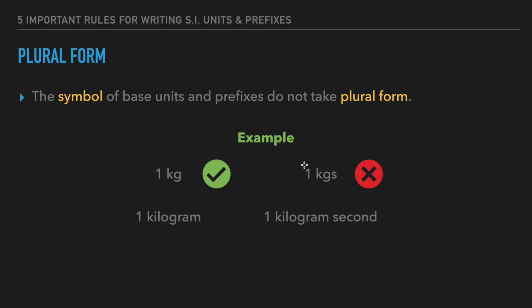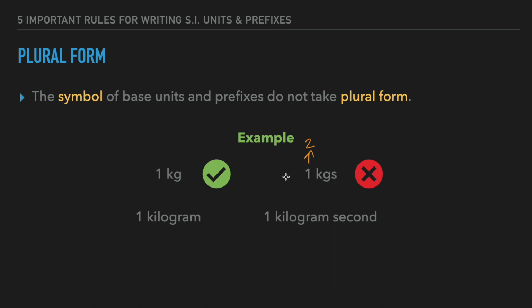Let's say it's 2 kg, because I don't think there's a plural form for only one object. For more than one, you might be thinking that we should add an s to make it plural. Wrong. This is totally wrong.